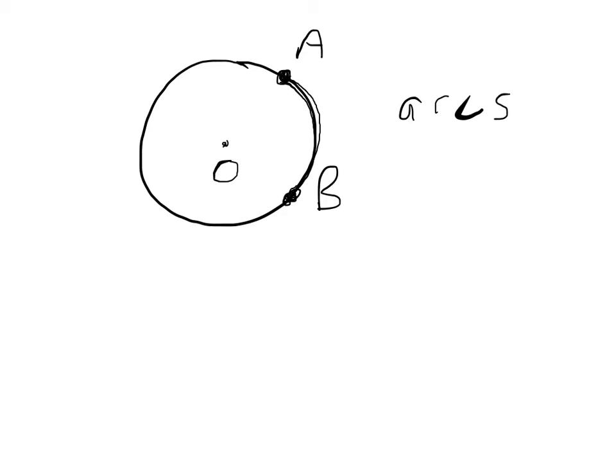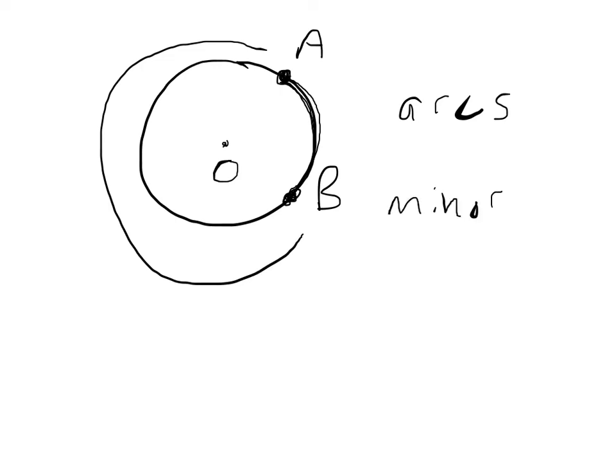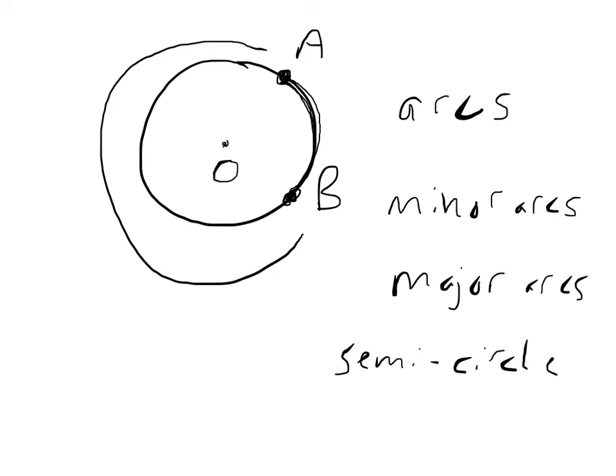You should notice then that there are 2 arcs here associated with points A, B. There's this arc that I've drawn, which is less than half of a circle, and there's this arc also over here, which is more than half a circle. So we're going to talk about minor arcs, those are less than half a circle, and major arcs, which are more than half a circle, and a special arc, which is exactly half a circle, is called a semicircle.